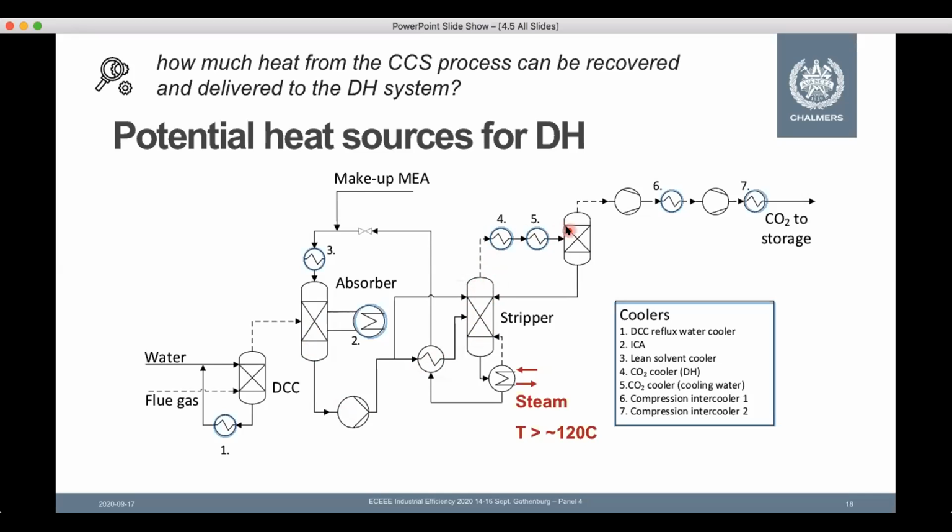It leaves via the top, water is condensed, and then the CO2 is compressed. In the reboiler, that's where the steam, the heat, comes into the process. And then we've marked up all the potential cooling sources, which could be, if the temperature level is sufficient, heating sources for district heating water. So that's what we mean with this. Is there a potential for heat integration? Just for clarification of what we're looking at.